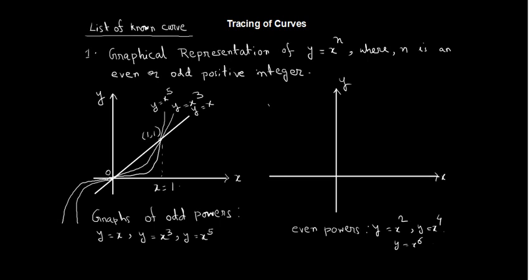Let us draw this. Should be a parabola. Y equal to x square. If this is y equal to x square, then y equal to x 4 will be like this.